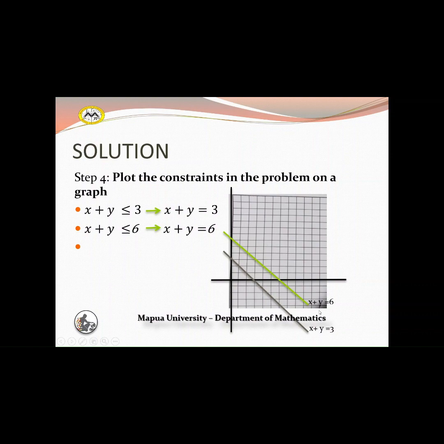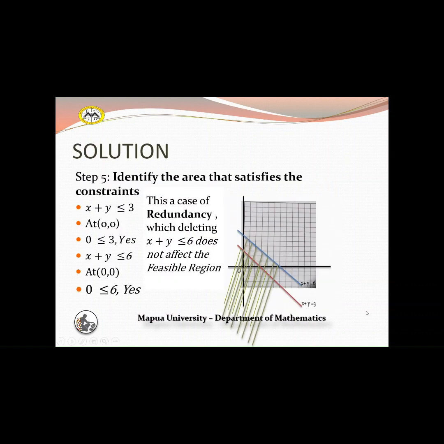And then for the next step, we have to determine the feasible region by testing the given inequalities using a testing point at (0, 0). So when x is 0 and y is 0, is 0 less than or equal to 3? The answer is yes. So from the boundary line x plus y equal to 3, we will shade the half-plane region including the point (0, 0), which is our testing point.